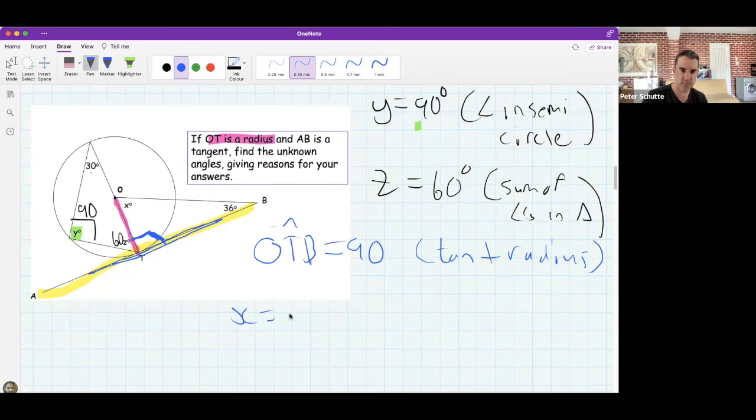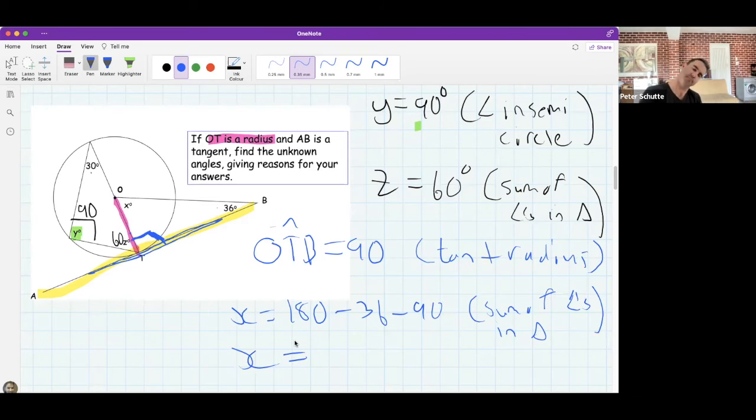And then what you said to me was X must just be basically 180 minus the 36 minus the 90 because all angles in a triangle add up to 180. So what is your final answer? What would you get for X then? 54. 54? I agree with you.